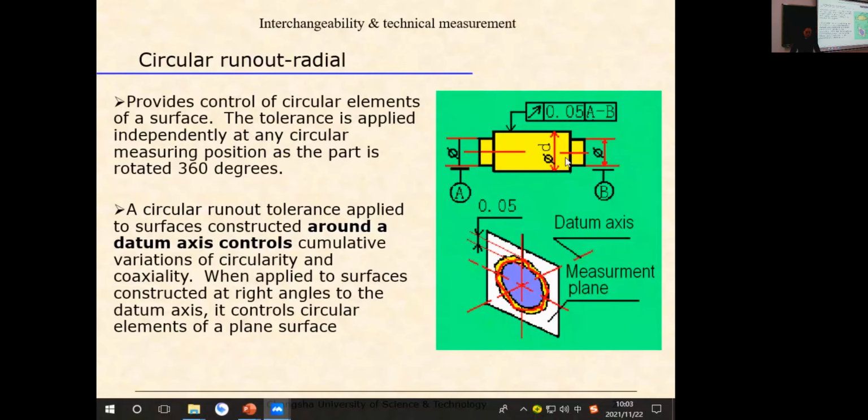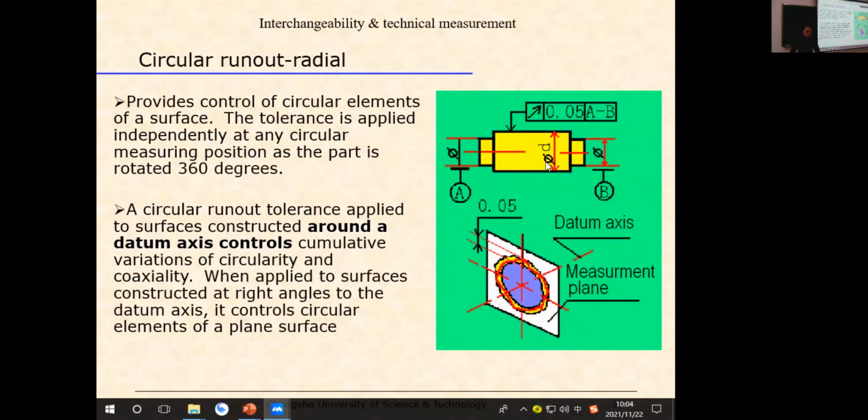So the tolerance is applied independently at any circle measuring position, with this point or this point, as the part is rotated 360 degrees, it means that this shaft rotates a circle.